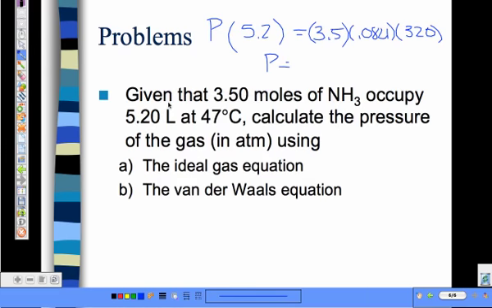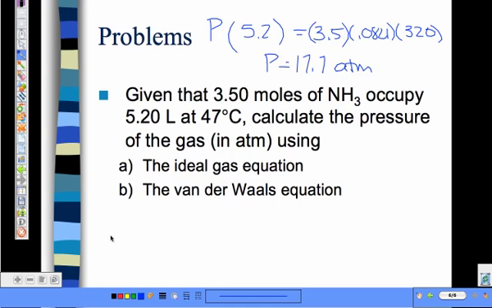Yep, that's the ideal gas law. 17.12 atm. Okay, so now let's use the van der Waals equation.